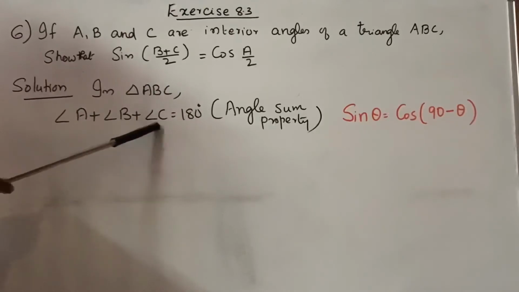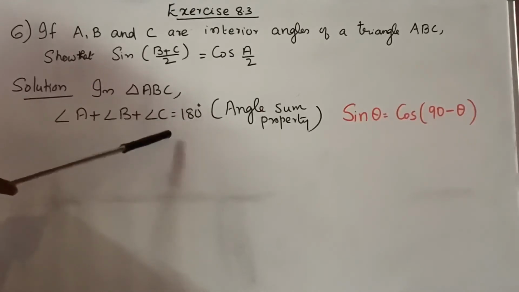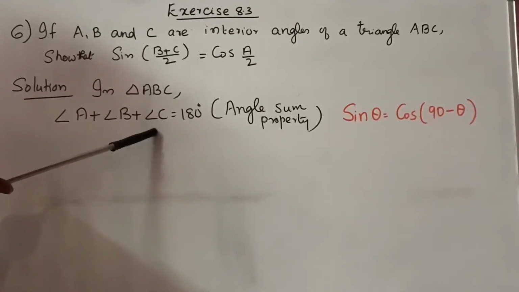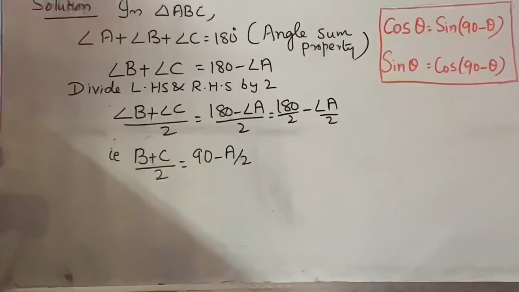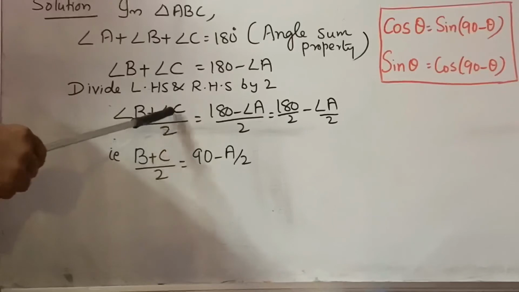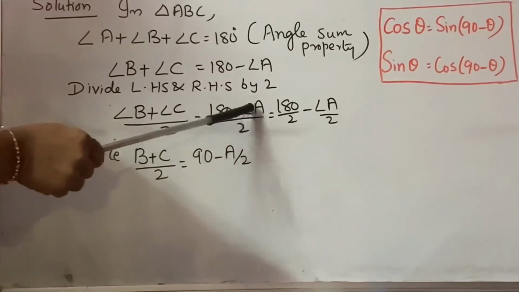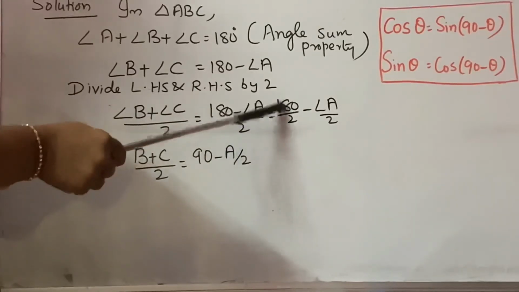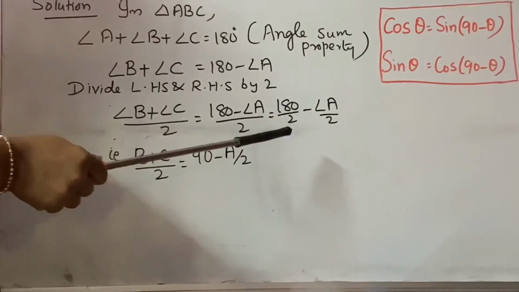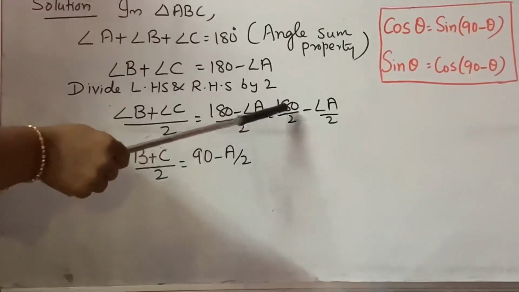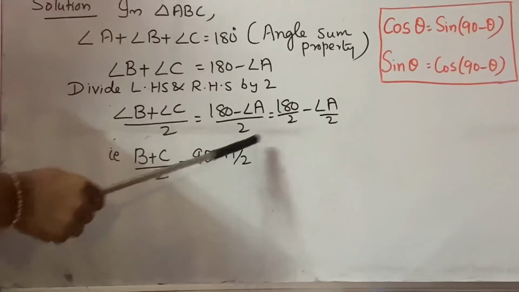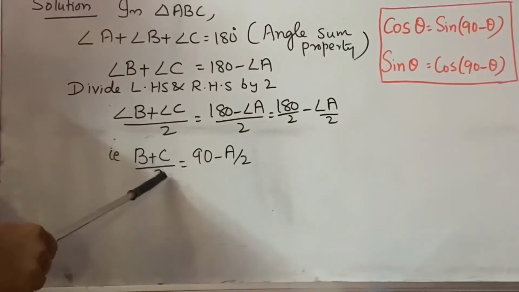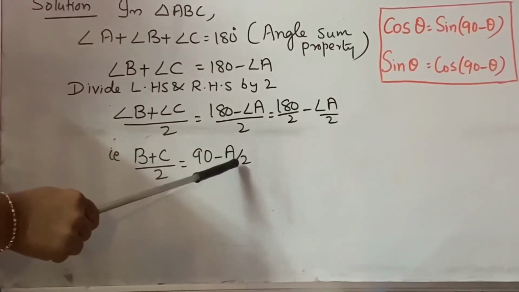So find the B plus C, that is 180 minus angle A. Then after that find out B plus C by 2. That is 180 minus angle A whole divided by 2. That is angle B plus angle C by 2 is equal to 180 minus angle A by 2. That is 180 by 2 minus angle A by 2. 180 by 2 is 90 minus A by 2. B plus C by 2 is equal to 90 minus A by 2.